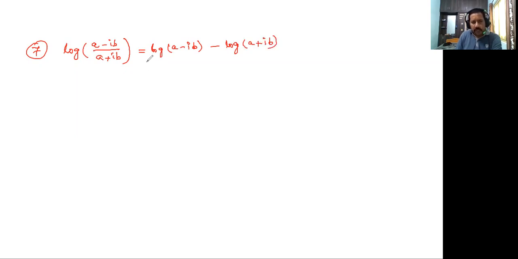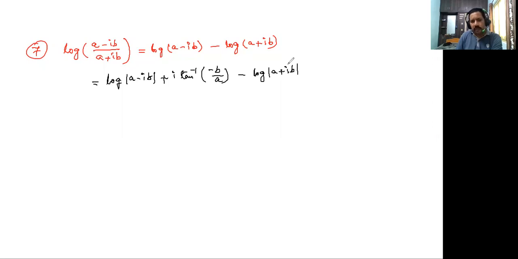Using the logarithm of a complex number formula, we know that it is logarithm of mod (a minus ib) plus i into tan inverse of minus b by a, minus logarithm of mod (a plus ib).